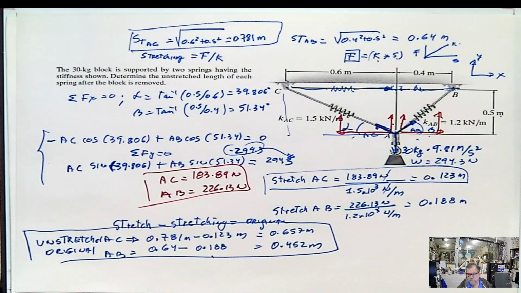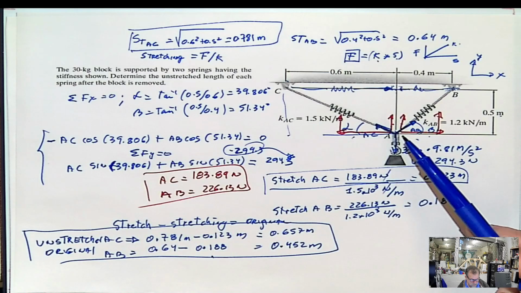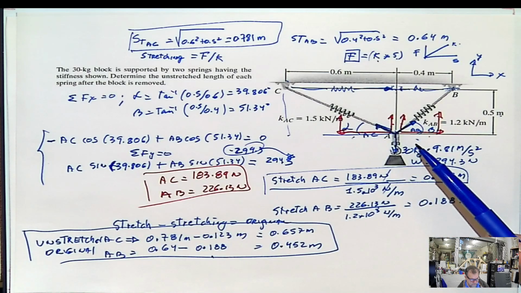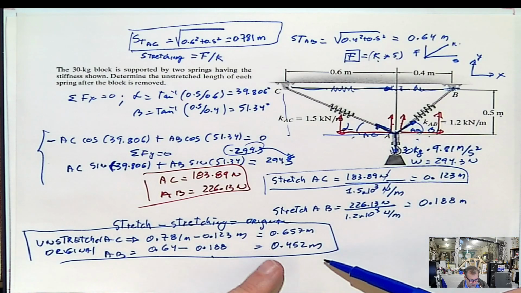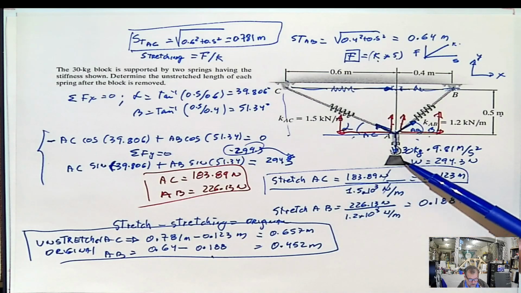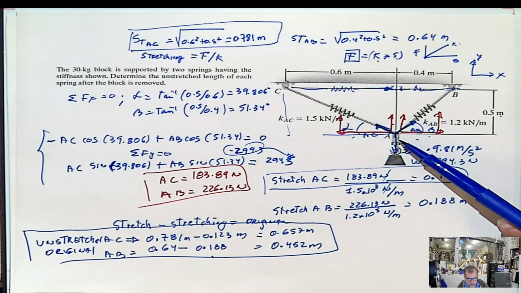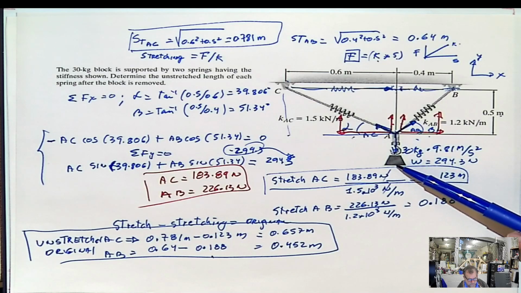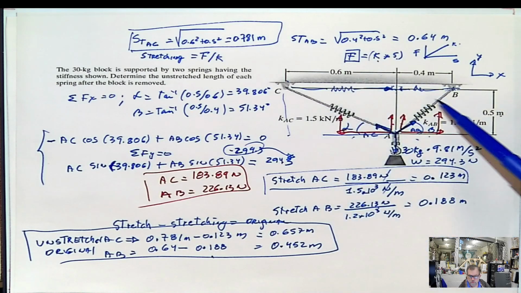Now, my advice, get the same problem and flip it. Start the problem by saying the springs have an original length of this much, and these are the constants, after hanging this weight, then it reaches the configuration shown in the picture.